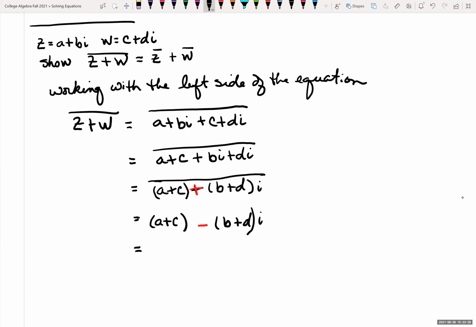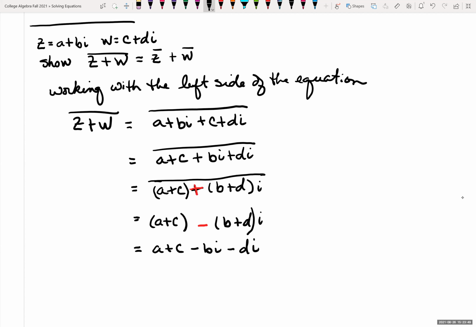I don't need the parentheses around the real part, so I'm just going to rewrite it, a plus c. And I'm going to distribute the negative i to each term. So negative i times b gives me a minus bi, and negative i times d is a minus di.